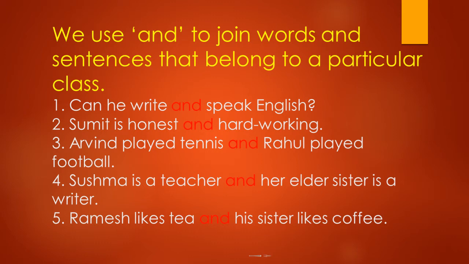For example, number 1, can he write and speak English? So here we are talking about the same idea, that is, we are talking about the English subject, write and speak. Sentence number 2, Sumit is honest and hardworking. So both are the qualities of Sumit.